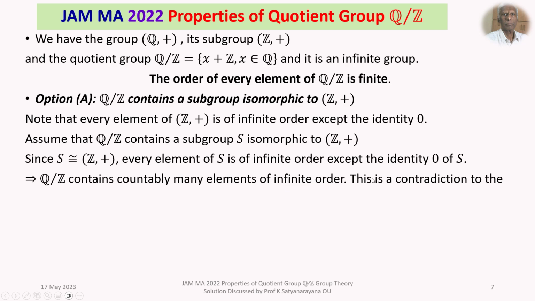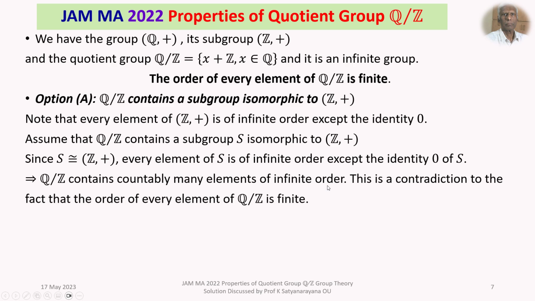This is a contradiction to the fact that Q/Z is an infinite group in which the order of every element is finite. But what you are saying is Q/Z contains countably many elements of infinite order, which is a contradiction.